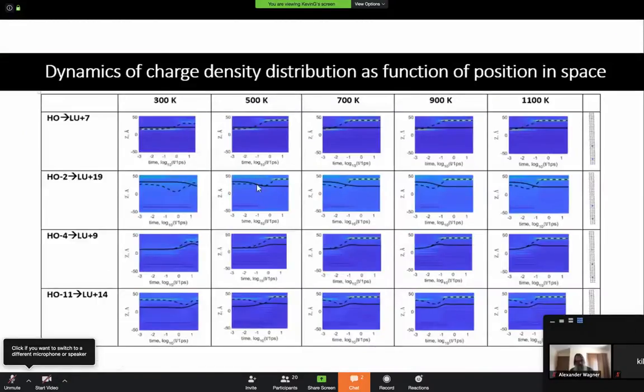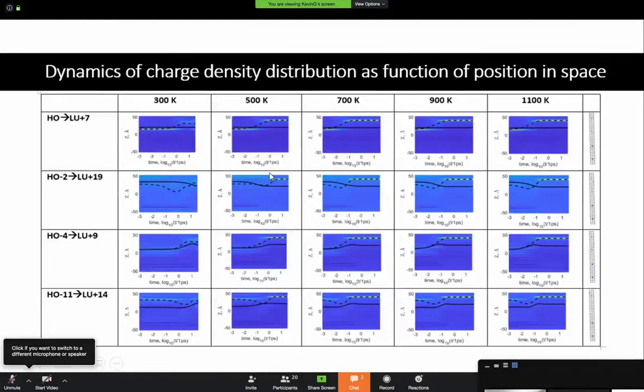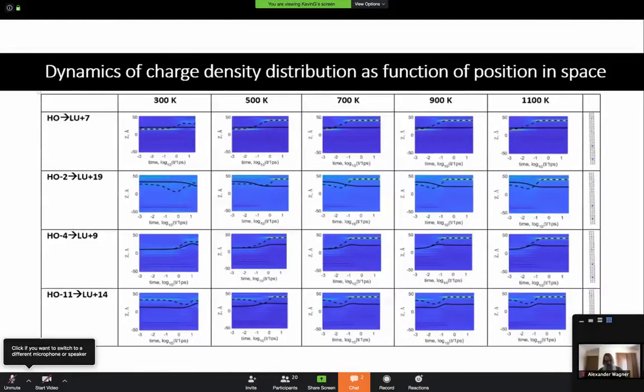Okay, now in this figure right here, we're seeing how my charge density distributions are changing with position. One thing you see here is that, sorry, all my charge transfer is localized near my iodine dopants. So you have my sodium dopants right here, iodine dopants right here, and you see for all of my graphs, all my transitions, that the charge transfer is localized near the iodine dopants.